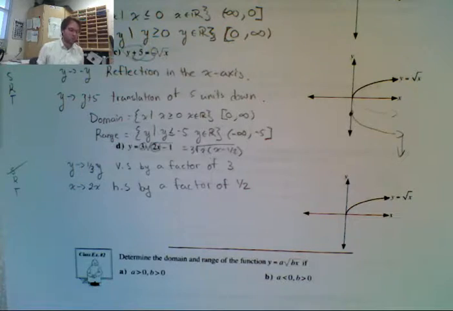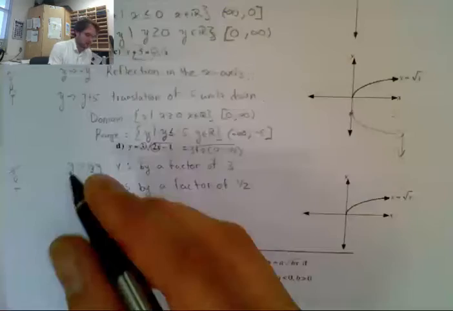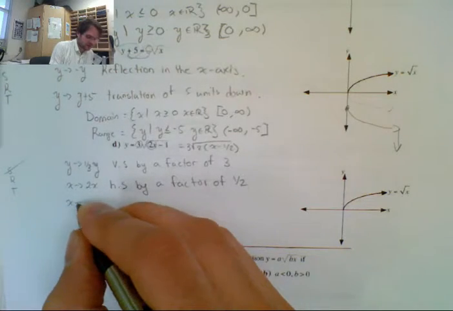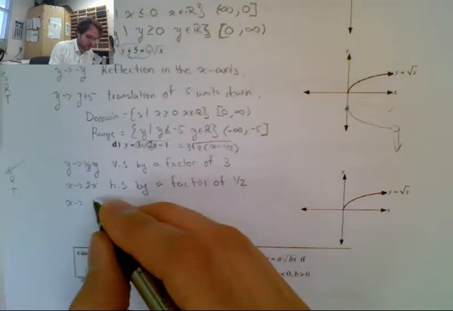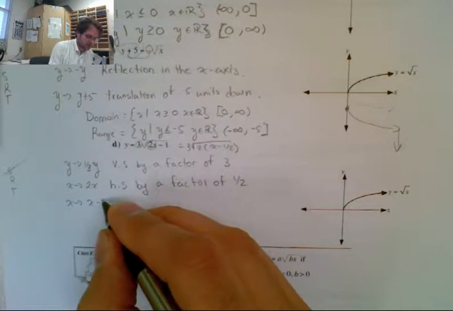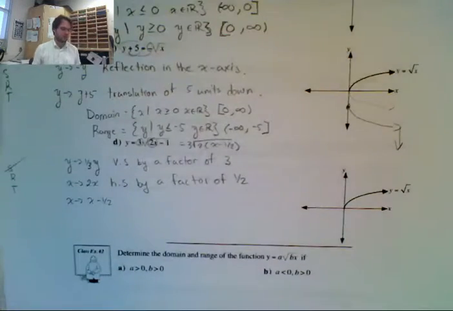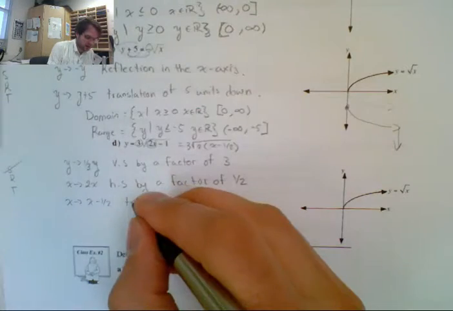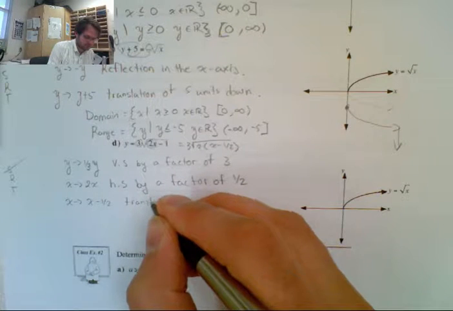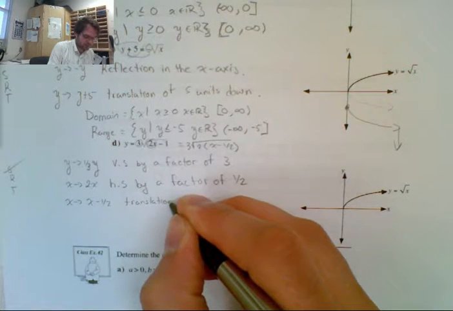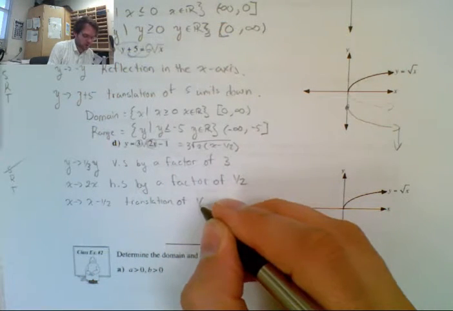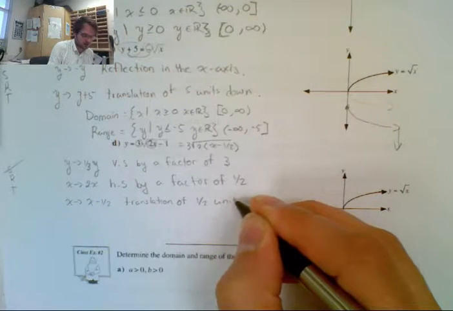So now I know what my horizontal translation is. So basically here, x is replaced with x minus 1/2. So this is a translation of 1/2 unit right.